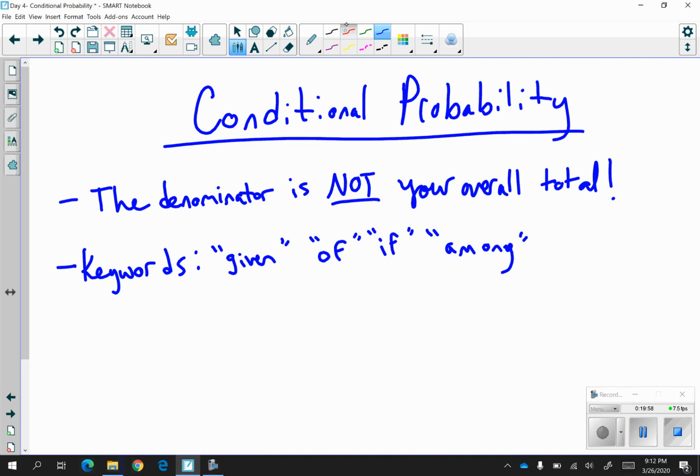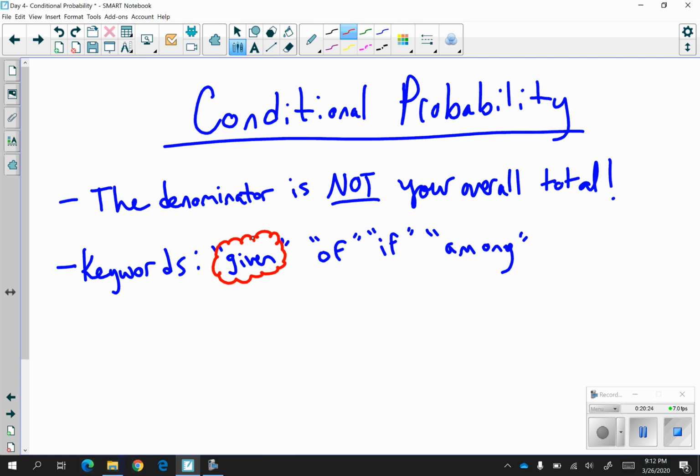Also, keep in mind that given tends to be one that's very confusing for people because sometimes the problem says given, but it's not conditional probability. Like, given is also an English word, so make sure that they're talking about given in the sense of finding probability.